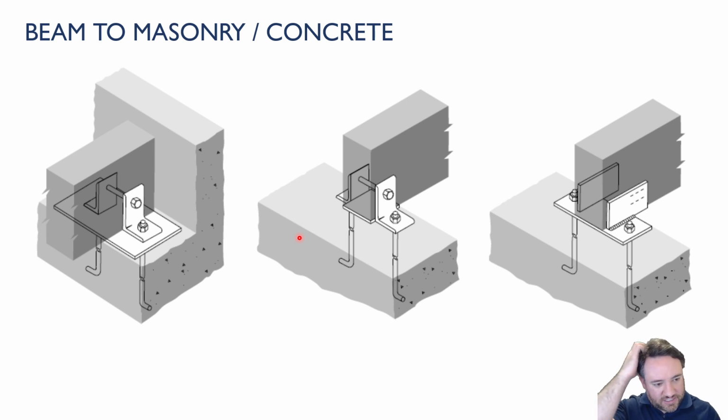Now, one of the big things in connection design is that we want to avoid having our wood members get consistently wet, right? So one of the big considerations there is if I am connecting a wood member to concrete or masonry, those materials are like sponges for moisture, right?